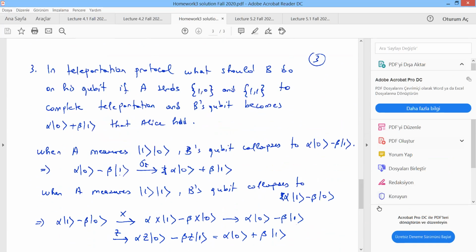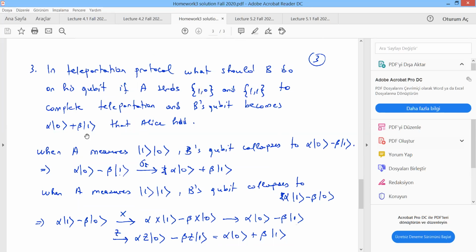Okay, the last question was, in the teleportation protocol, what should B do on his qubit if A sends 1 0 and 1 1 to complete teleportation, such that B's qubit becomes alpha ket 0 plus beta ket 1?